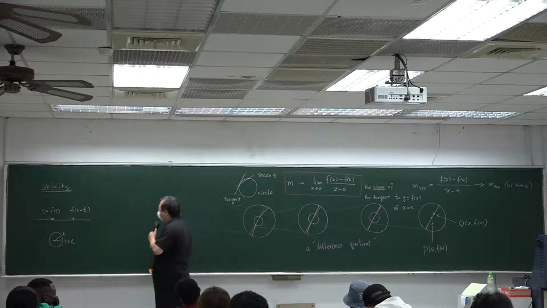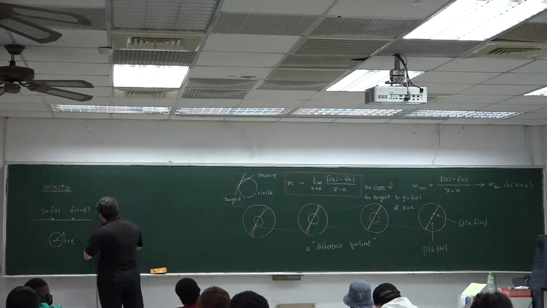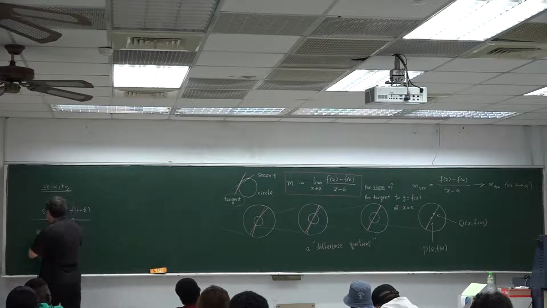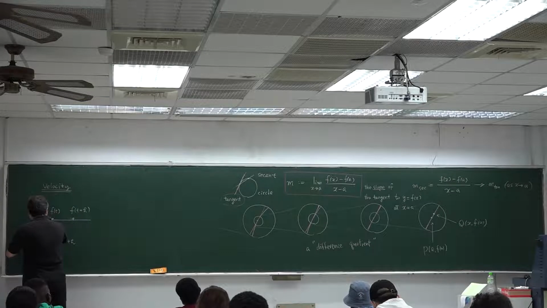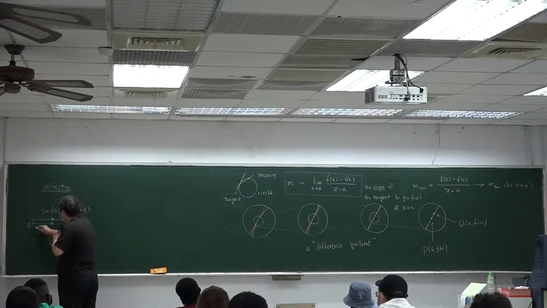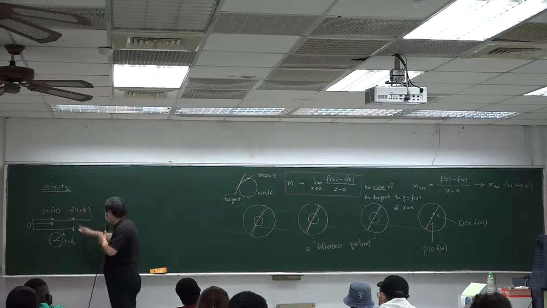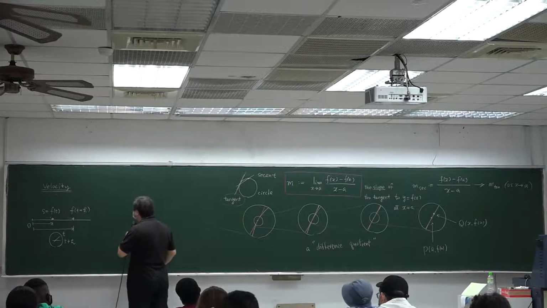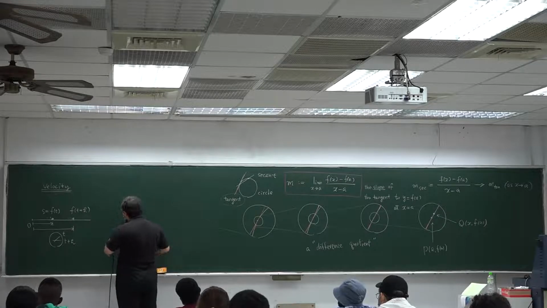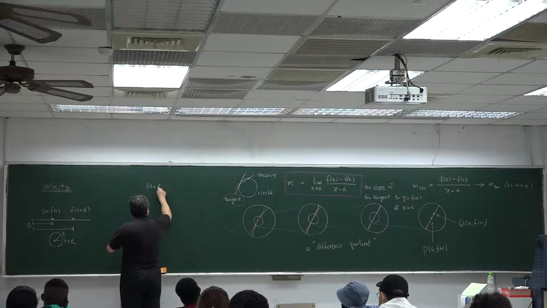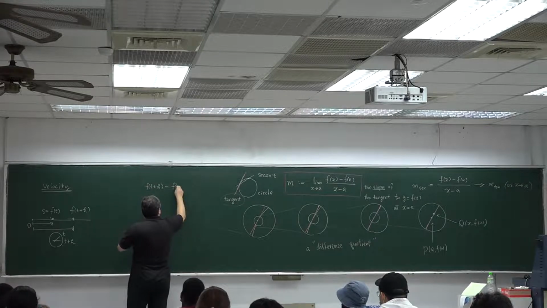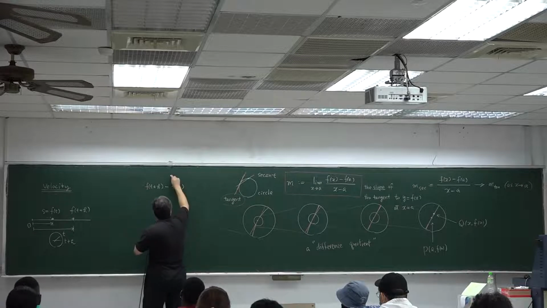How fast. So we can find the displacement. This is the origin. This is a position vector f of t. This is another position vector at time t plus h. So the displacement is f of t plus h minus f of t.